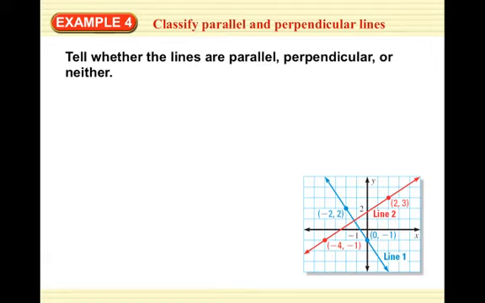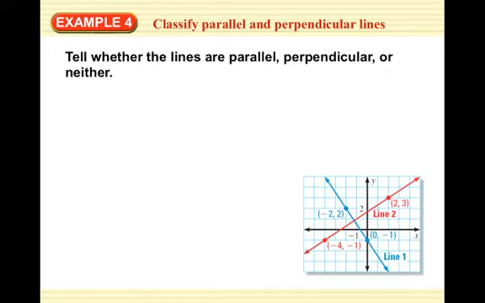Perpendicular lines have slopes that multiply to be negative 1. The lines are perpendicular if and only if their slopes are negative reciprocals of each other. That means they have opposite signs and are reciprocals. So there's two ways to think about this. M1 equals negative 1 over M2, or when you multiply M1 times M2, you get negative 1.